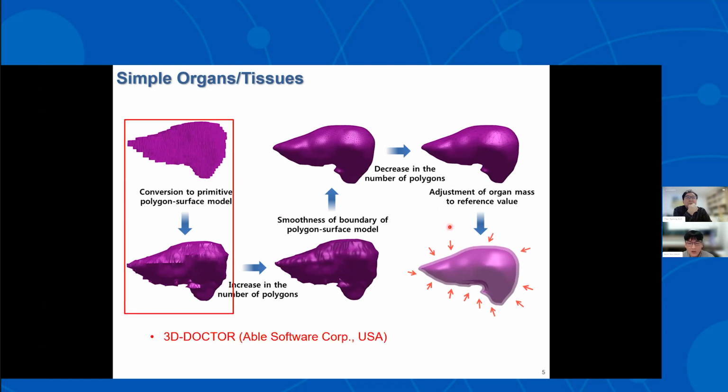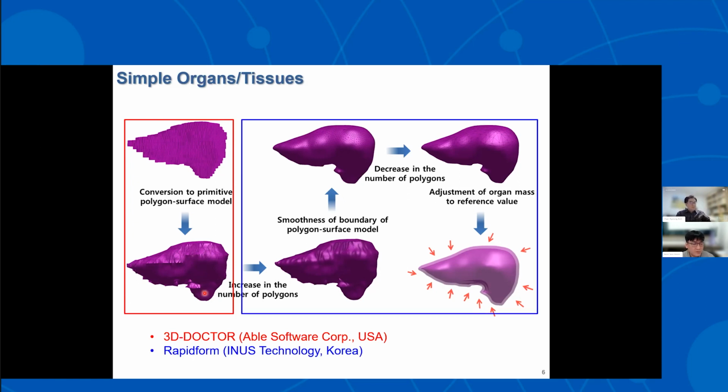So first, the voxel model was converted to the primitive polygon mesh model by using the 3D Doctor program. However, the primitive mesh models were usually not high quality. The surface is not smooth, and sometimes we found some defects such as small holes and also surface intersection faces. So we need to address this problem.